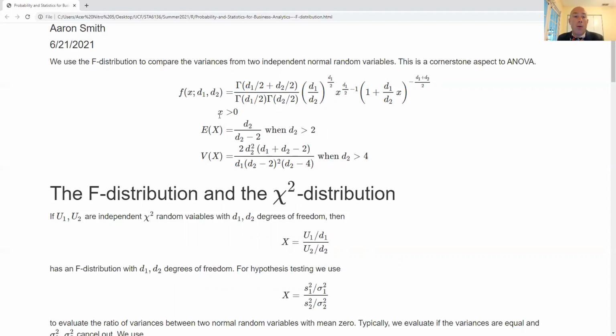The possible values for x have to be greater than 0. In some cases x can be equal to 0, but that's such a small point, not really worth talking about.